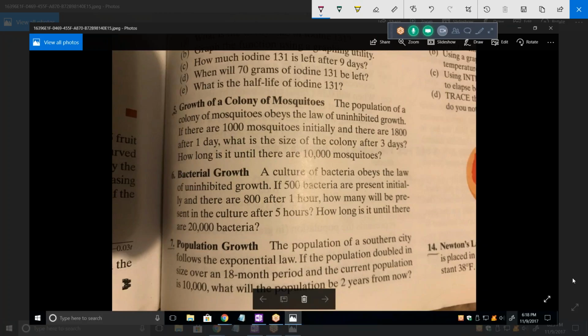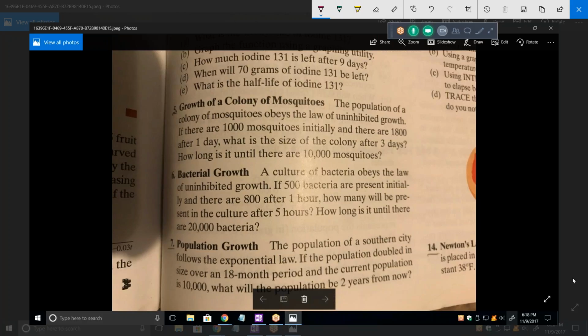Number 7 follows the exponential law. It's funny, the law of uninhibited growth and the exponential law are the same. In other words, everything in nature tends to grow with continuous compounding.